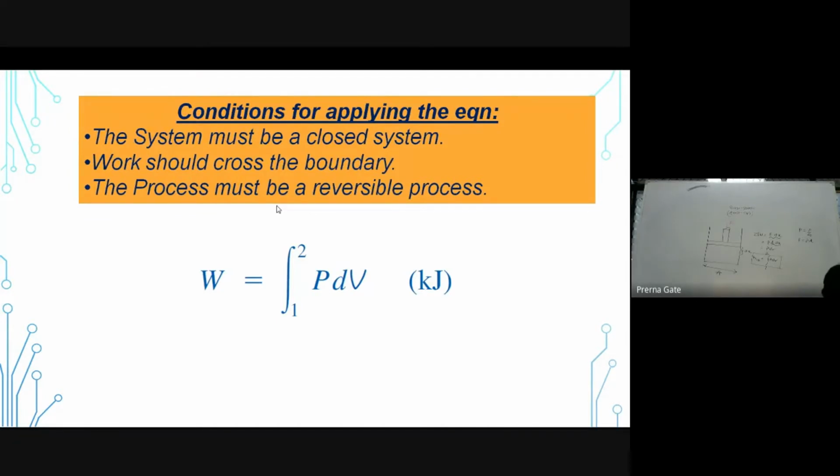Okay, if the work is not crossing the boundary, then we cannot apply this equation. And the third and the most important point is that the process must be a reversible process. Okay, if the process is not a reversible process, then we cannot apply work done to be integration of pdv. Okay, so these are the necessary conditions to apply this particular equation.